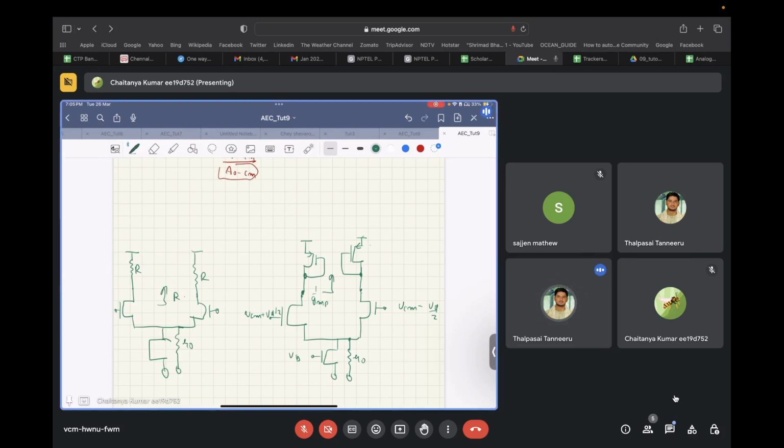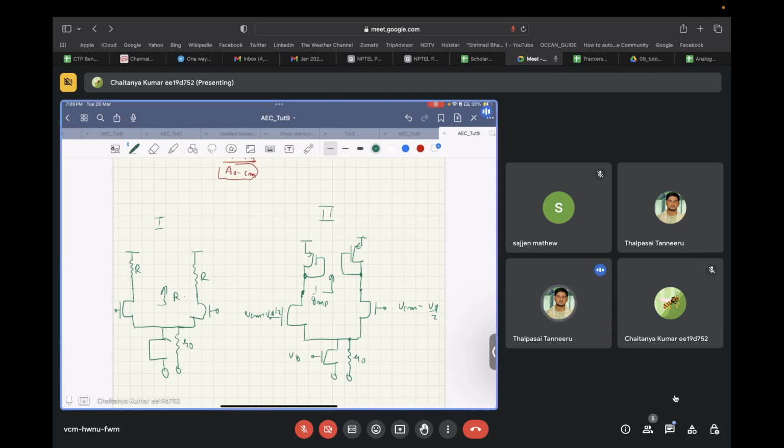No, tell me from circuit 1 and circuit 2: which circuit will you prefer for differential mode and which for common mode? Sir, circuit 2 for differential mode. Why? Because of 1 by GMP.